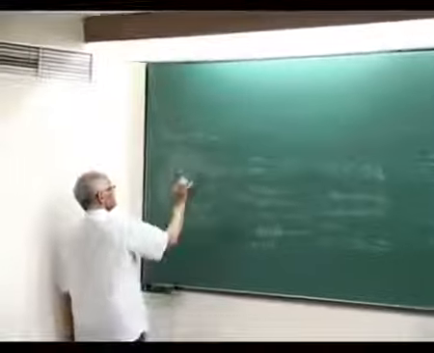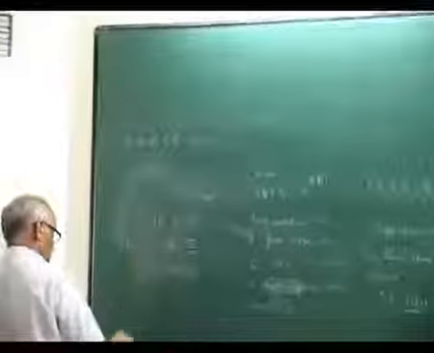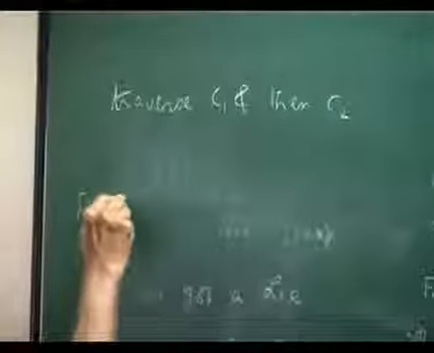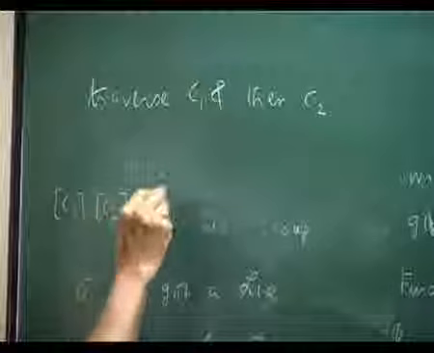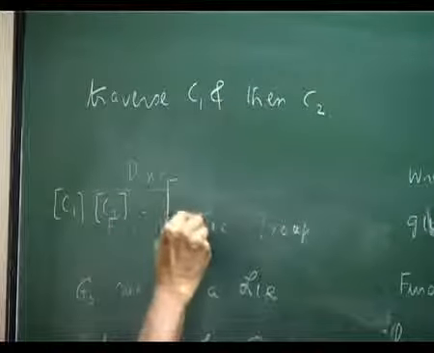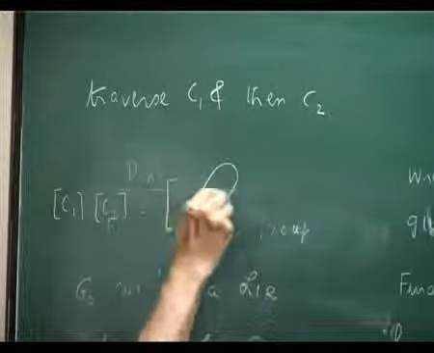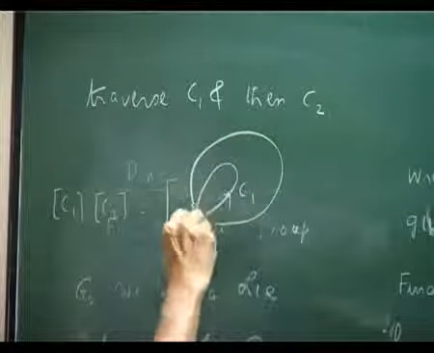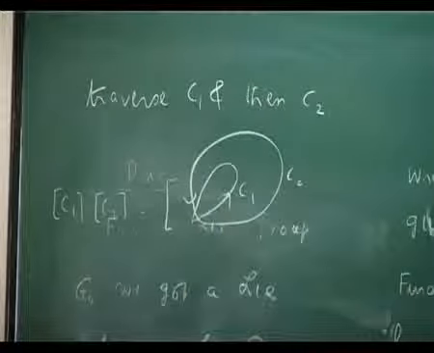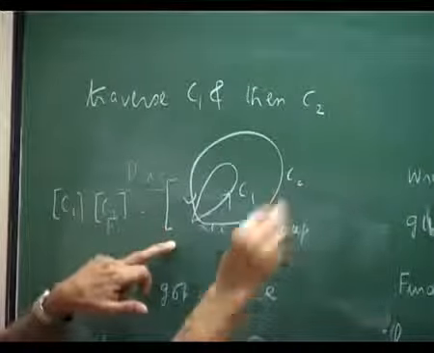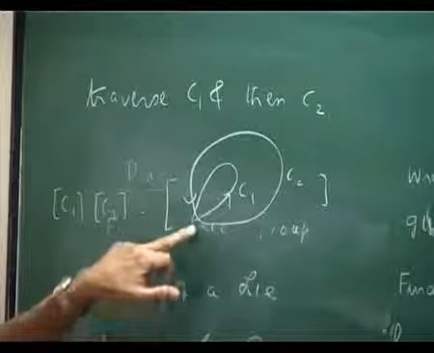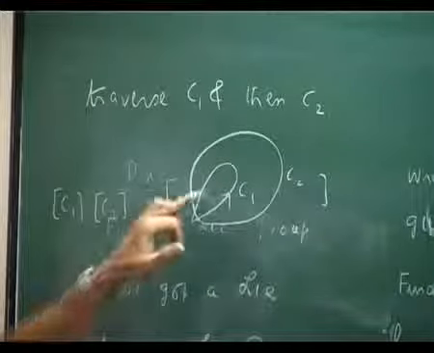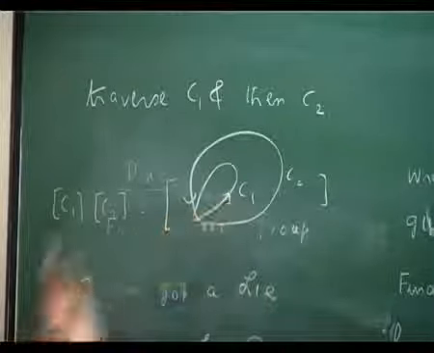So this thing, C1 C2, is the equivalence class of C1, any member, then C2. Since they are both beginning and ending at the same point, I can concatenate, I can put them together. First apply C1, go through C1, then apply C2.